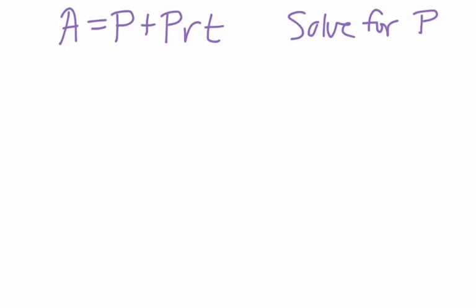Now, this is going to get into a concept that we haven't seen at all yet in algebra, but we will see it. So if I want to get the P by itself, what complicates this problem is that you actually have the P in two different terms here. And so you might say, oh, well, I want to get the P by itself, so I'll subtract this from both sides.